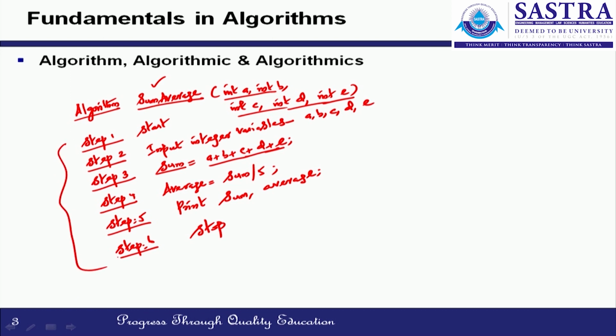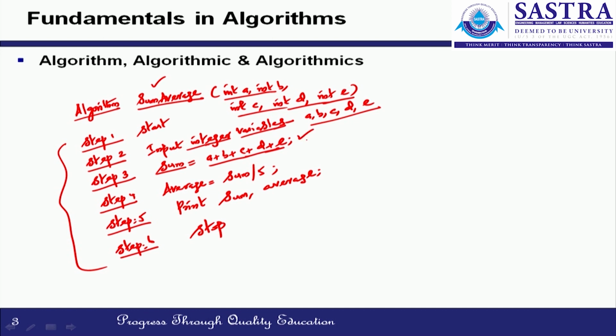These are the finite number of steps in the algorithm SumAverage, which requires some input variables a, b, c, d, e, which are of integer type. So given the input variables a, b, c, d, e, we need to obtain the values of inputs corresponding to these variables in step number 2. Step number 3, find the computation.